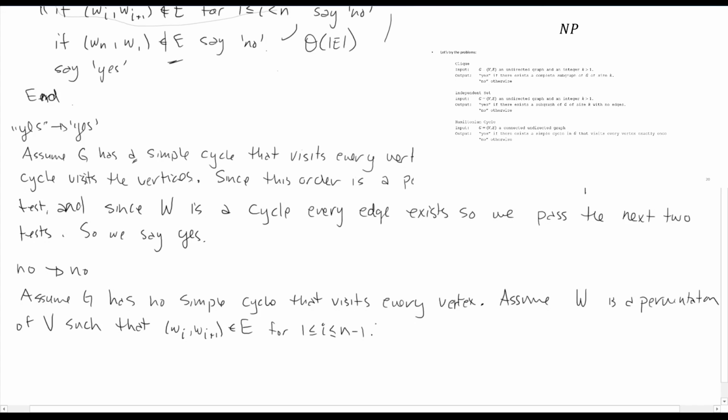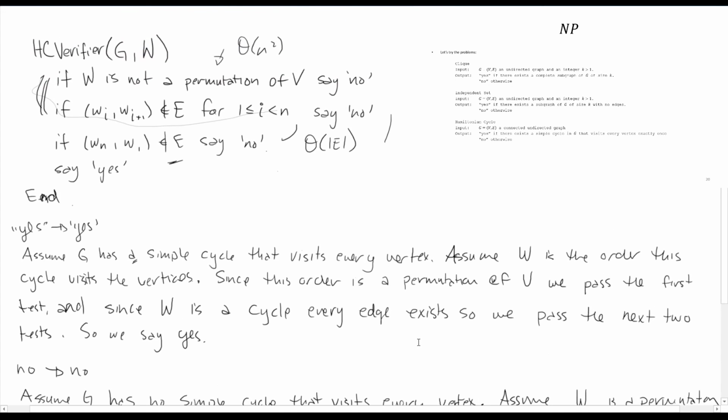So since we've got that in that range, we're going to assume that's true, but then that must mean that last edge does not exist. Since we know it has no simple cycle that visits every vertex, the last edge must not exist, so we say no. And once again, we're done with that branch. And by completing that branch, we complete the proof for Hamiltonian cycle.